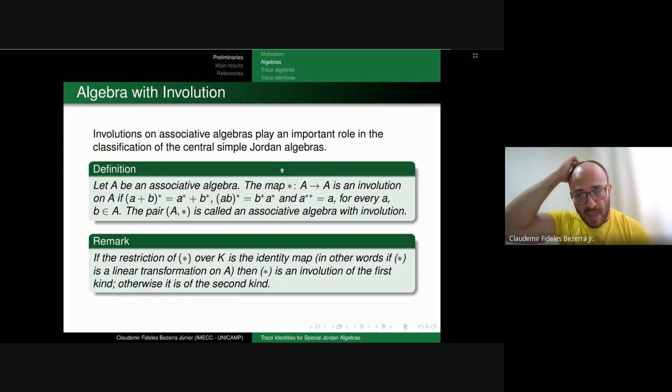If it is the identity map, we call this involution of the first kind. Otherwise, it is of the second kind.